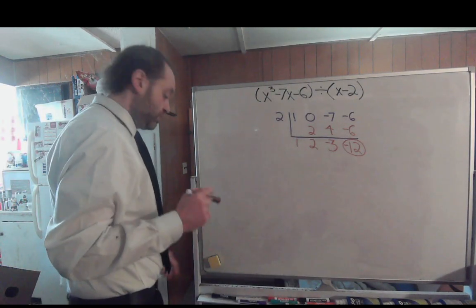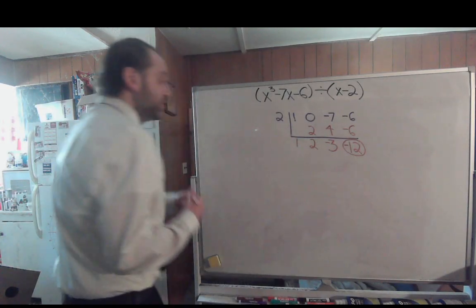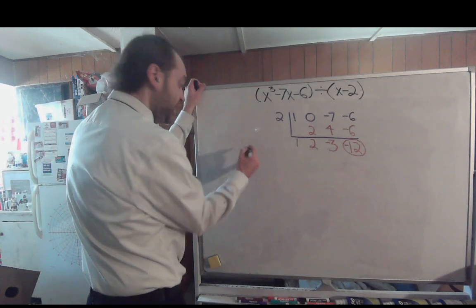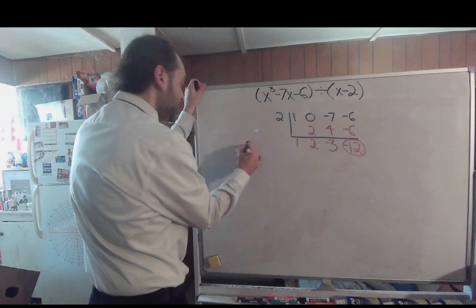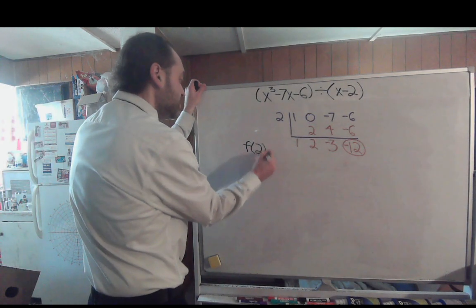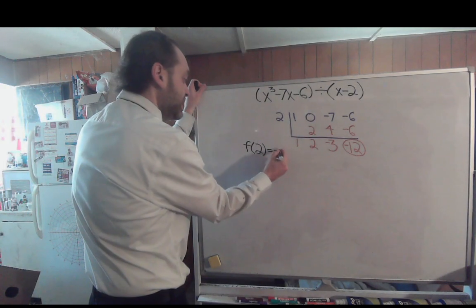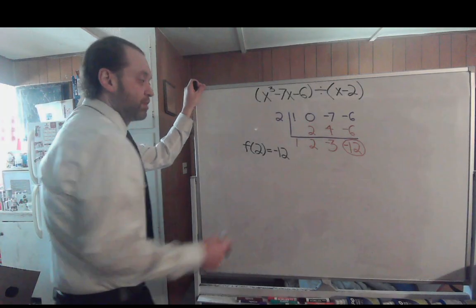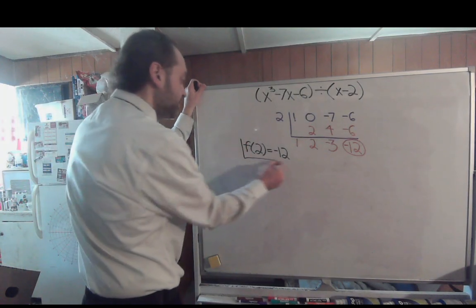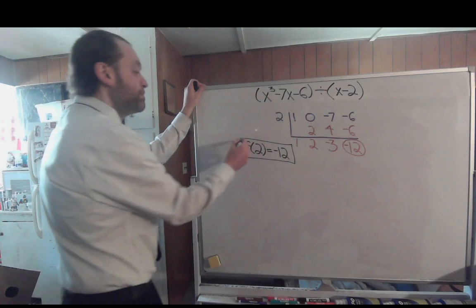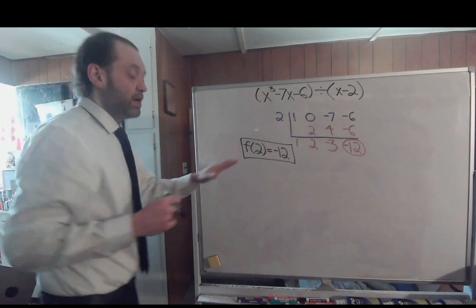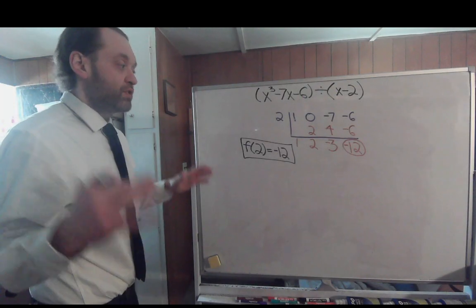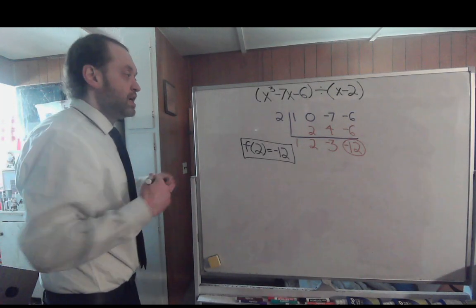So this tells you a couple of things. This will tell you that by the remainder theorem, f of 2 equals negative 12. Then, we also want to write the result out.